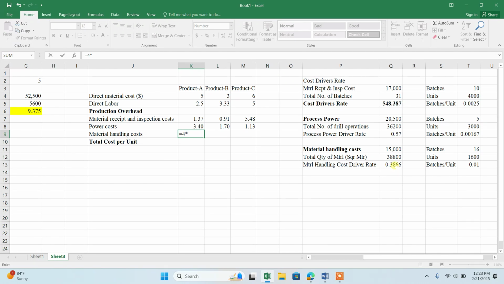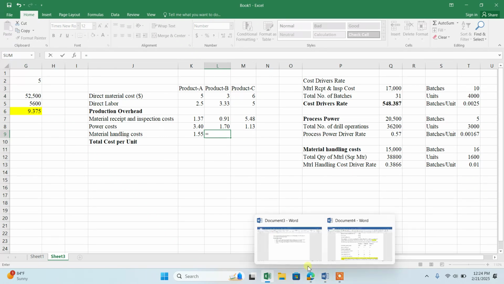And what is the cost of 1 square meter of the material? That is 0.3866, and 4 are required for one unit. So if I multiply this, it means this much is required for one unit. This is the cost of one unit based on the square meter of material. How much is needed to produce one unit of product B?